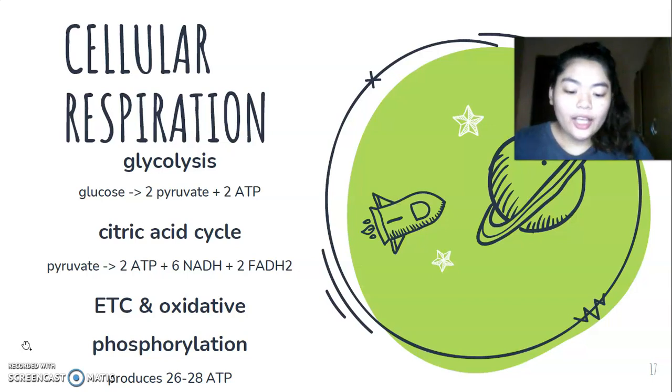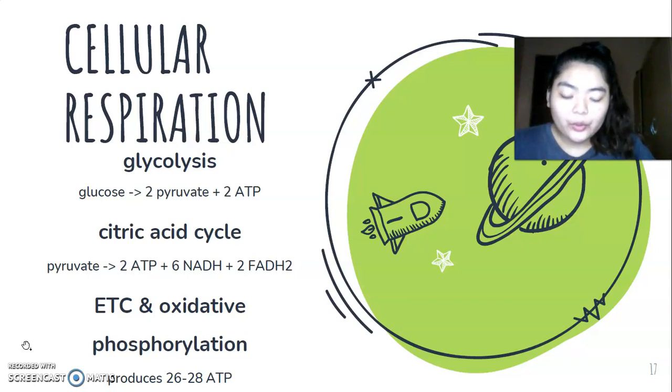In summary, the body uses a variety of metabolic pathways. Glycolysis, the most ancient, produces 2 ATPs per glucose, but it also results in pyruvates, which can enter the citric acid cycle.